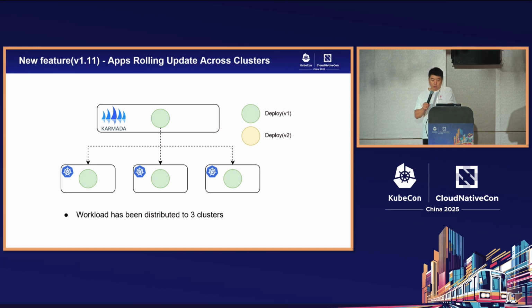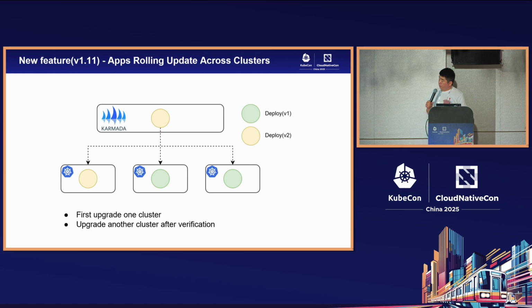So what will you do? You can use Karmada to upgrade the first cluster, and then make some verification checks and so on. After that, if everything works well, you can roll out to the next cluster, and then the next cluster. This feature ensures a smooth rollout.